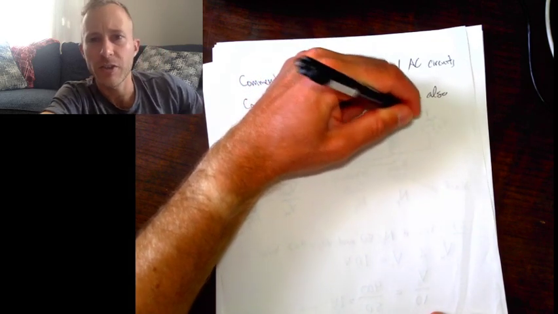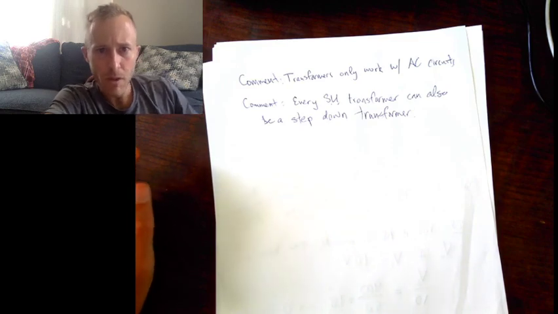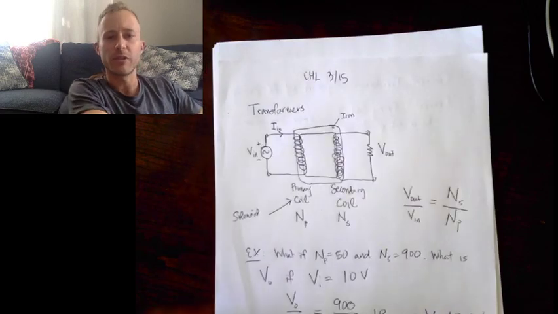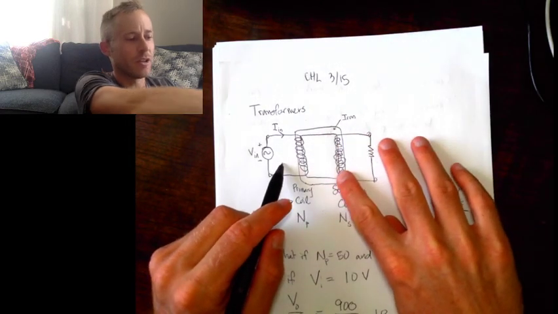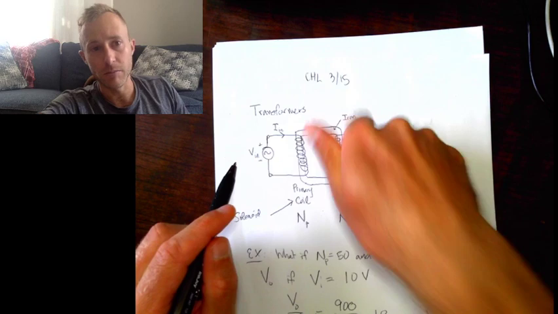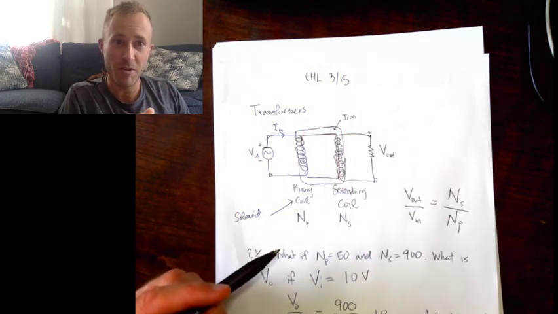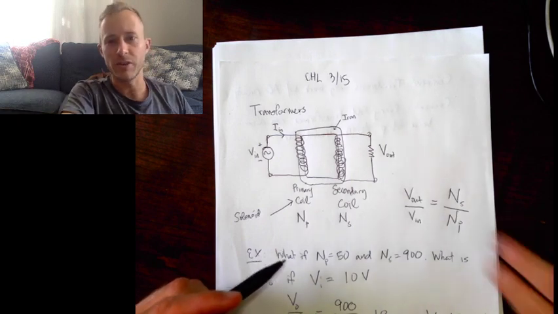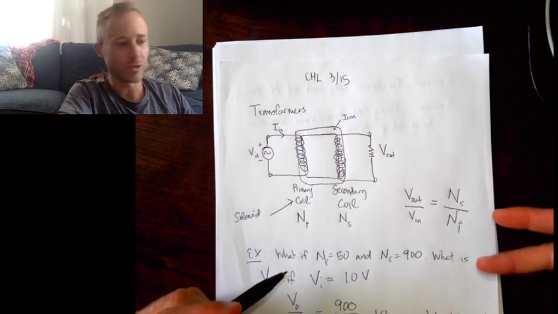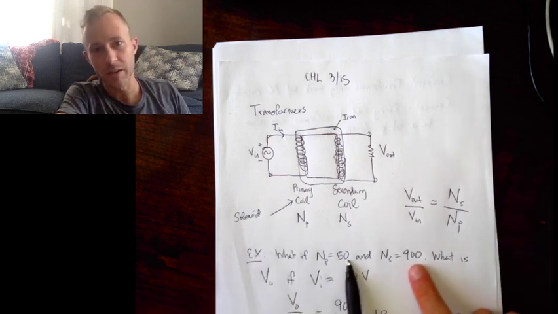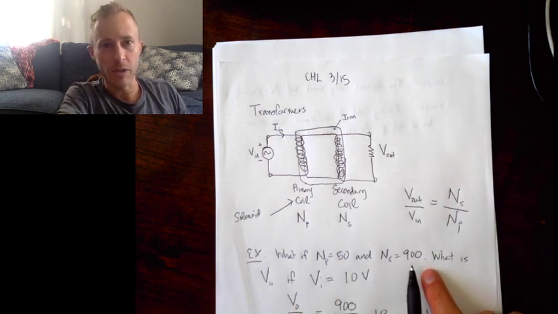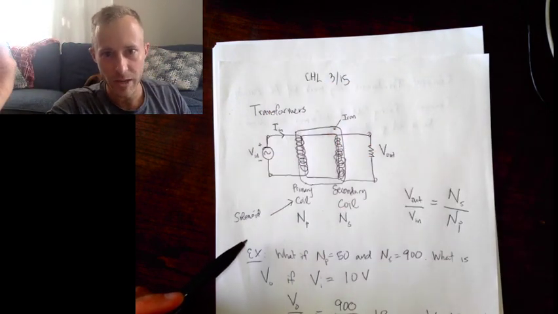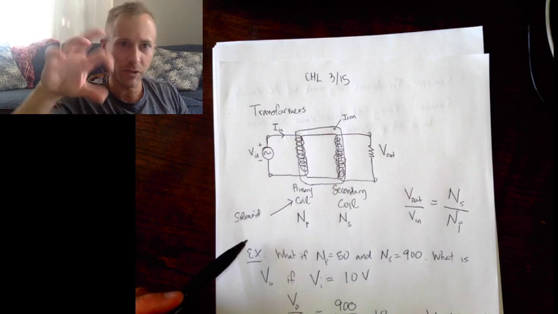So how does that work? Well, if we took this transformer and we just turned it upside down, then the secondary would become the primary and the primary would become the secondary. So the ratio would flip. In this case, it multiplied the voltage by 18. If we flipped this transformer upside down, it would then divide the voltage by 18. So you can take a transformer and you can turn it around.